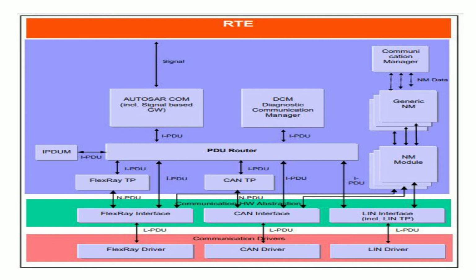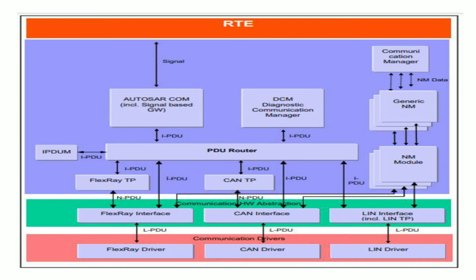The first step of the COM module is to take the signals and pack them as I-PDU. It means it adds the header, converts it to an I-PDU, and sends it out to the lower layer, the PDU router.